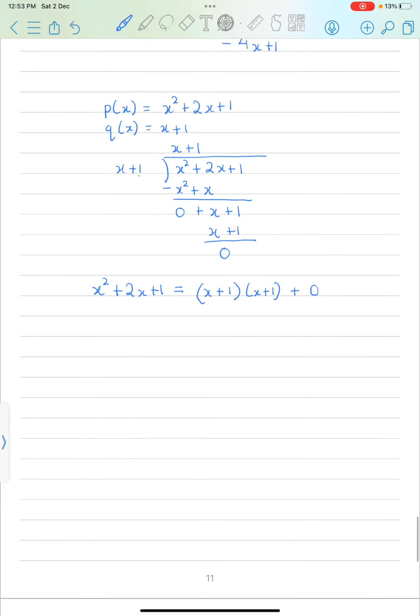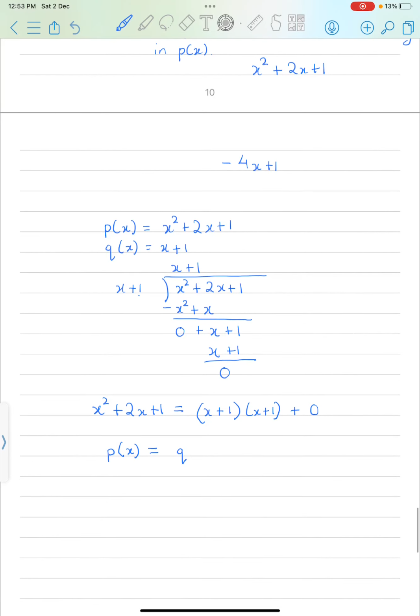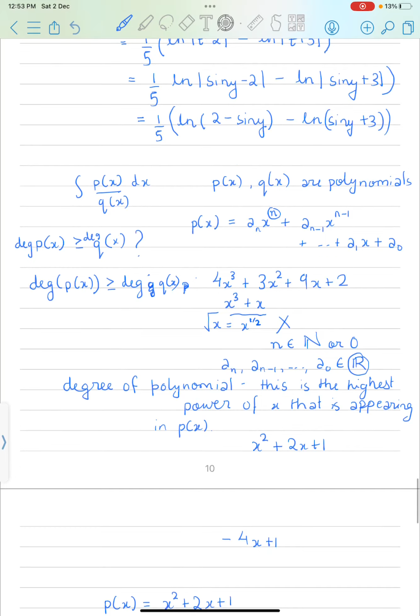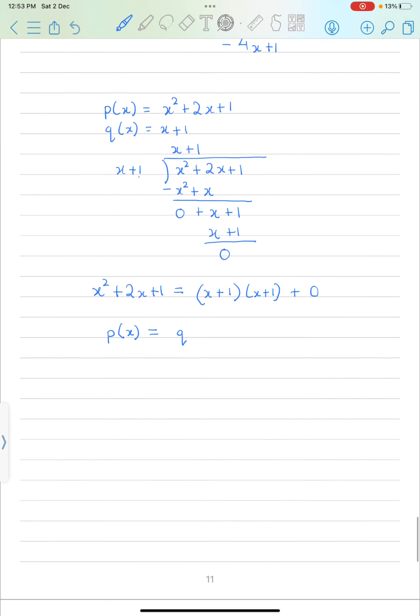So we have to write p(x) as q(x) times a polynomial, let's denote it by g(x), plus r(x), which is the remainder.